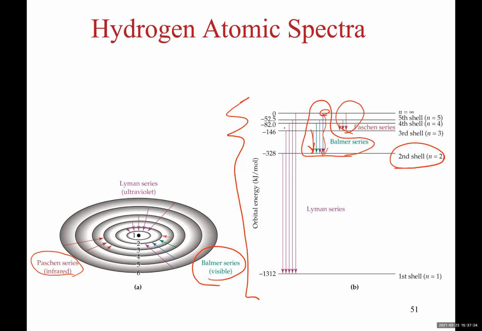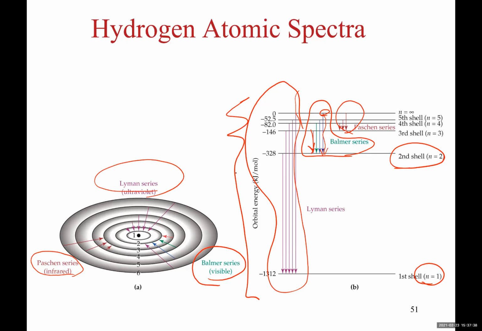How about these transitions? All the electrons at higher states than the first energy level are dropping to the first energy level. They're producing the Lyman series. We can't see them because they are ultraviolet.